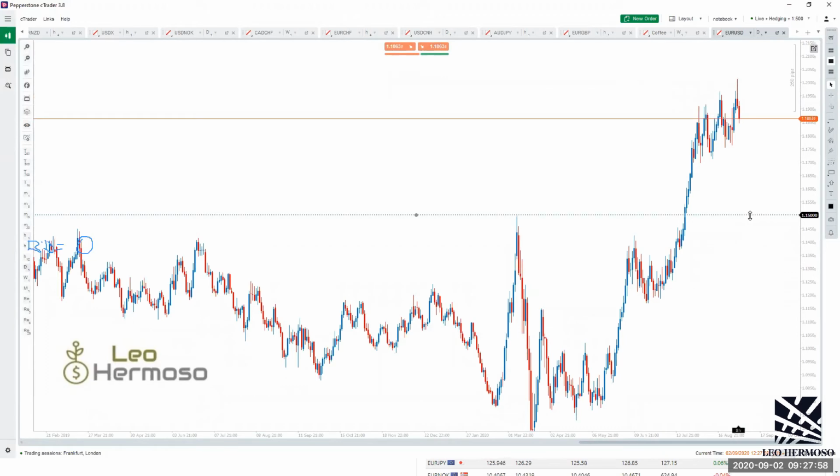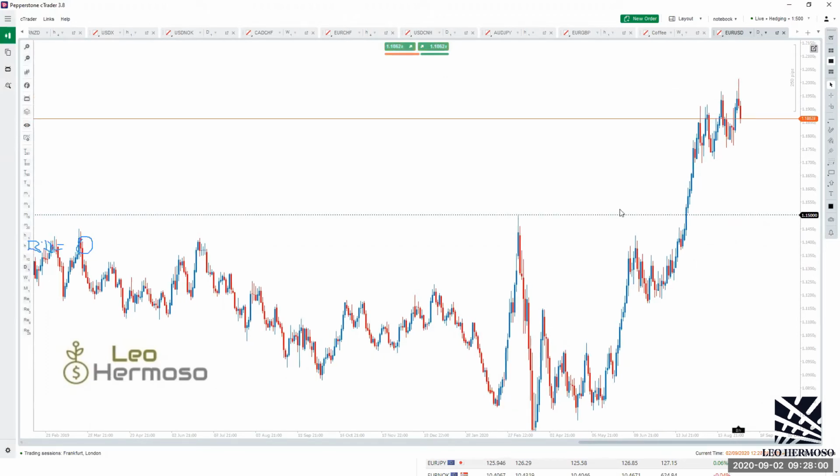So we're expecting the price to come here, and coincidentally, we have a supply zone right here that is now working as a demand.